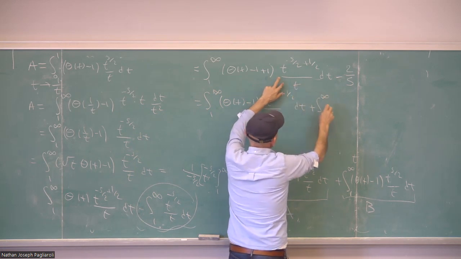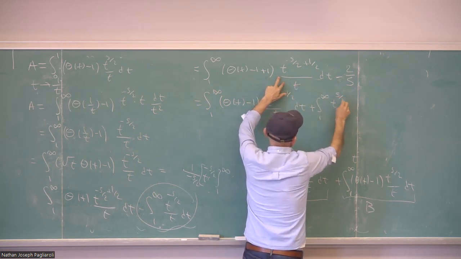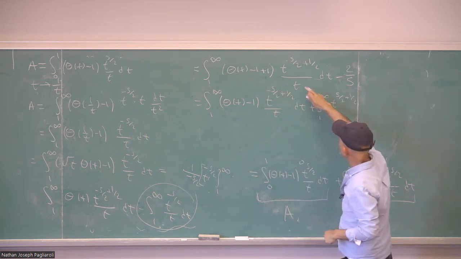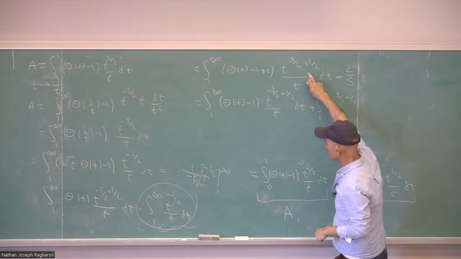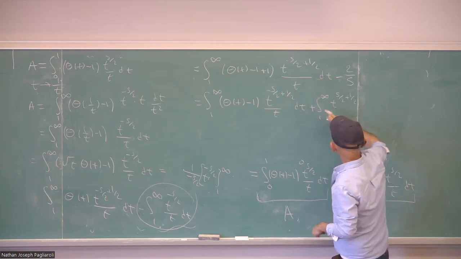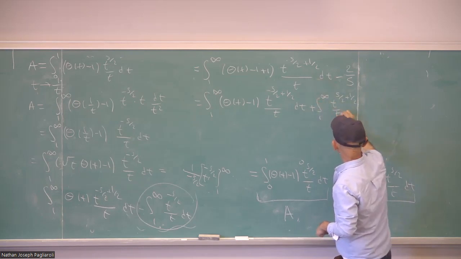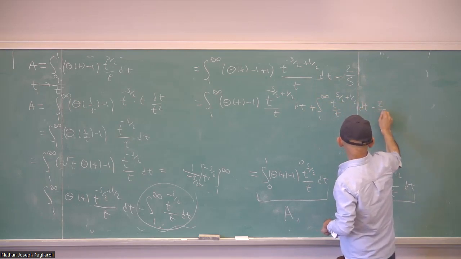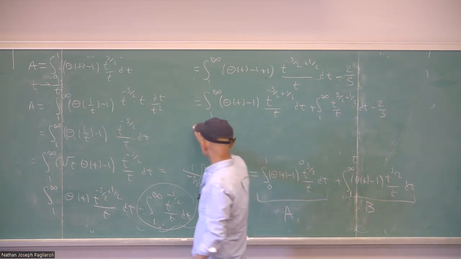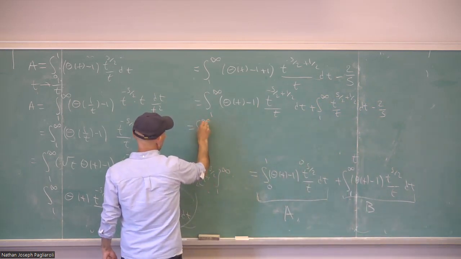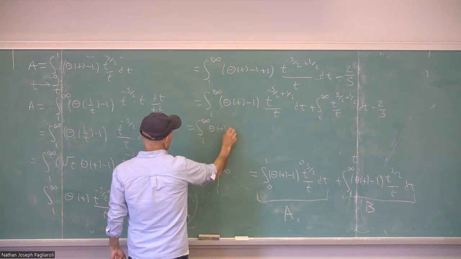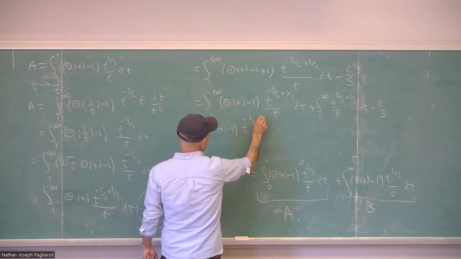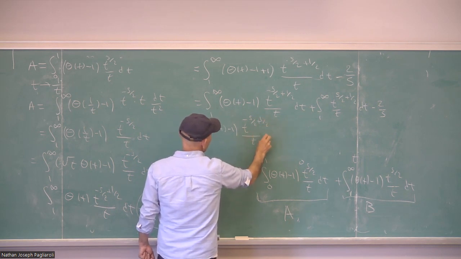This also I can compute, t to the power s over 2 plus half, rather minus half, because I want to compute this now, over t dt, minus 2 over s. So this is equal to the integral from 1 to infinity of theta t minus 1, t to the power minus s over 2 plus half, over t dt.